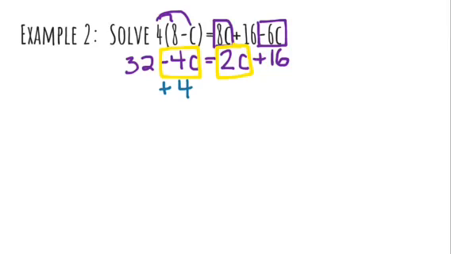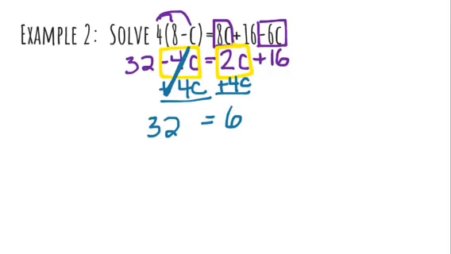So I'm going to add 4c to both sides, right under where I had those variables before. Negative 4 plus 4 is 0, so that zeroes out. And I'm going to bring down my 32. I'm going to bring down my equals. 2c plus 4c is 6c plus 16.